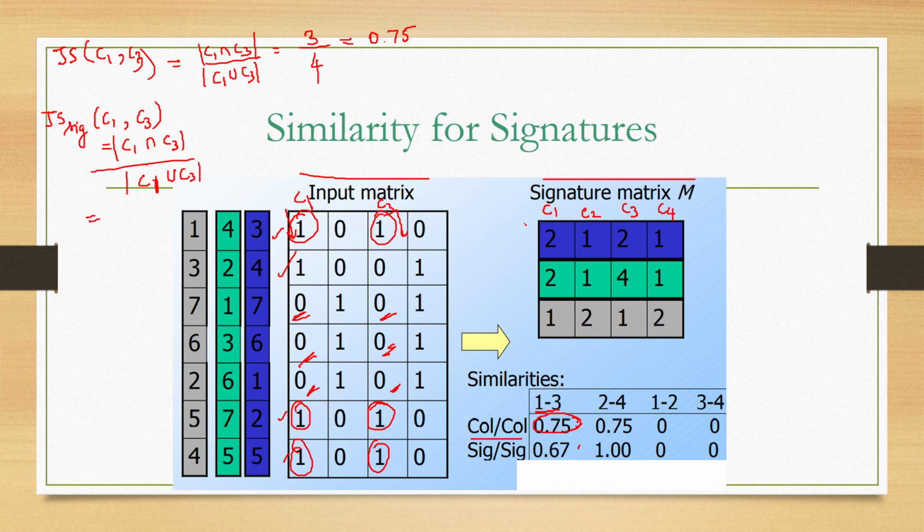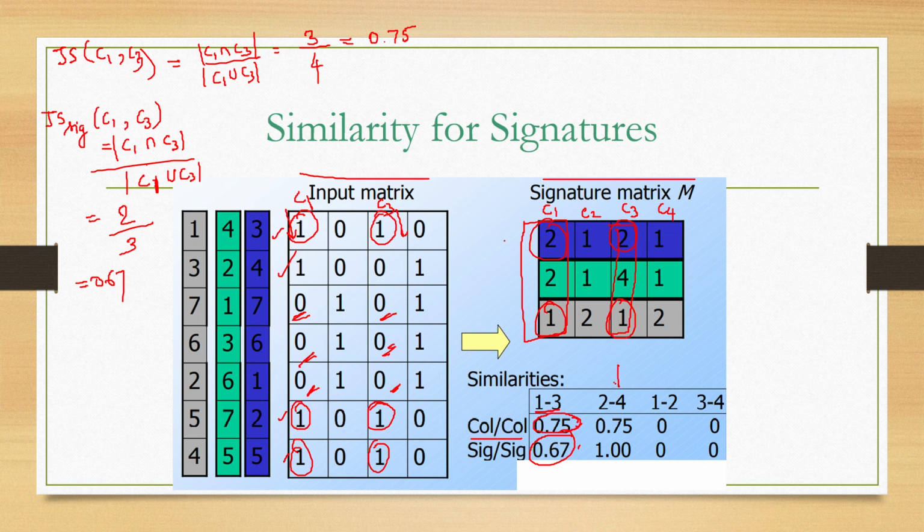So now we will be considering these two columns from the signature matrix. So this 2 and 2 are same, 1 and 1 is same. So we have 2 intersection out of how many total? It is 3. So we get this as 0.67, and this is the similarity between the signature matrices.